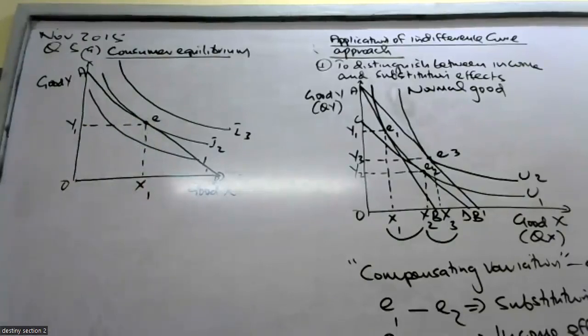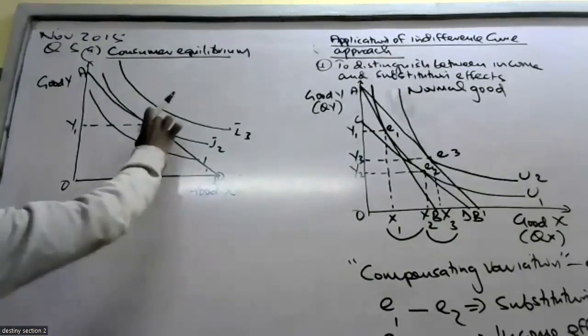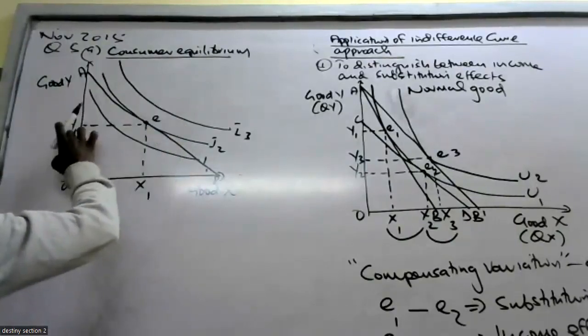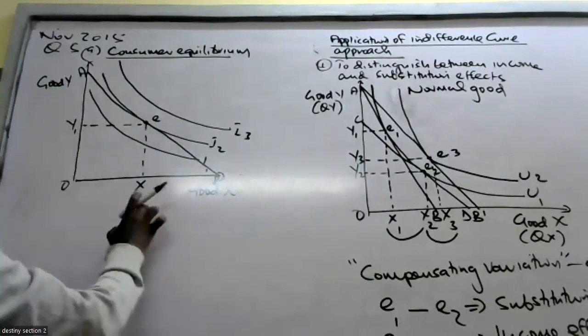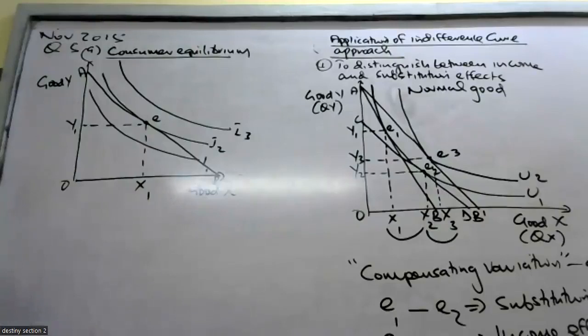So the consumer is at equilibrium where the budget line AB touches the highest indifference curve, in this case I2 or U2. At that point, the consumer is in equilibrium by consuming Y1 units of good Y and X1 units of good X, where the budget line touches the highest indifference curve.